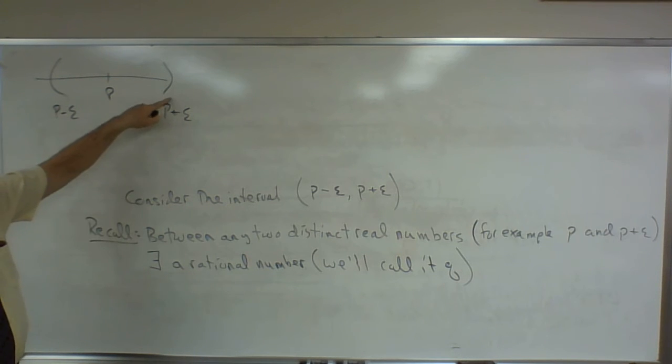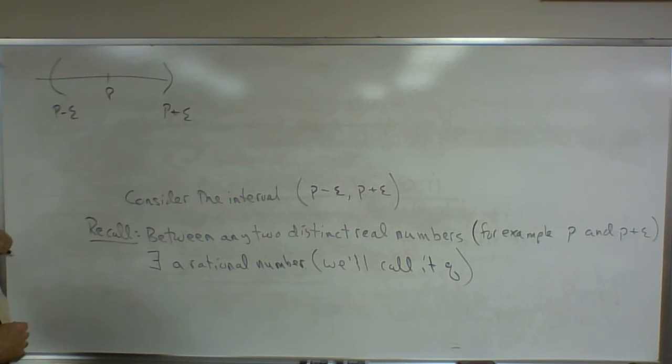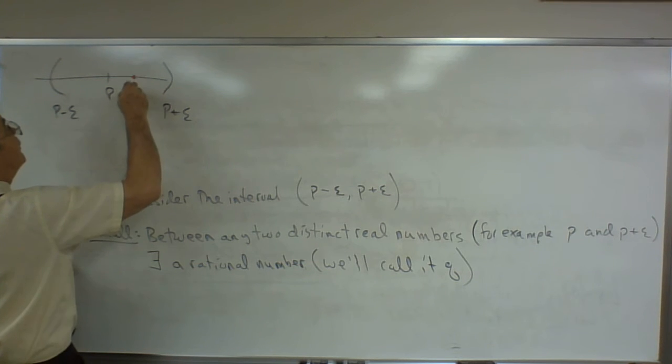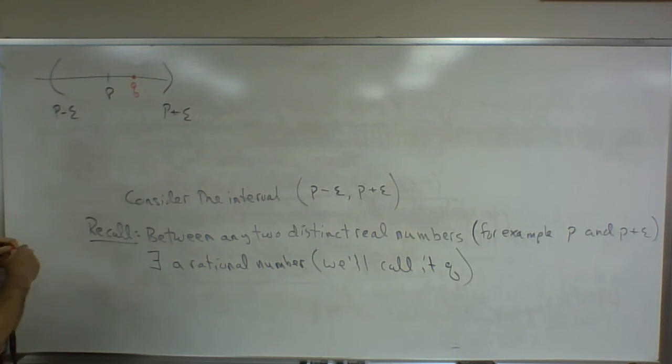Between P and P plus epsilon, there's a rational number that we'll call Q.